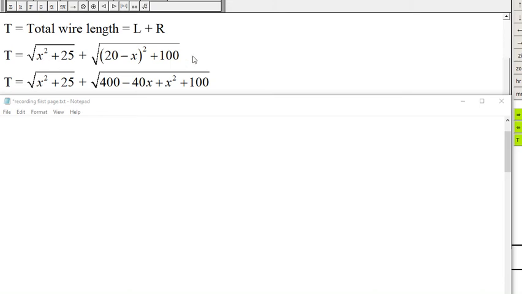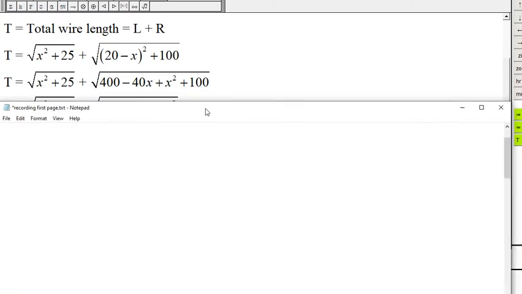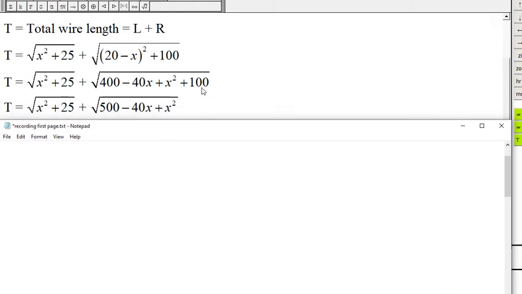And so here's our equation right here, and we want to take the derivative of it and then set it equal to 0. And so first, let's go ahead and multiply this out. (20 minus X) squared, that's going to be 400 minus 40x plus x squared, and then plus 100. 100 plus 400 is 500.